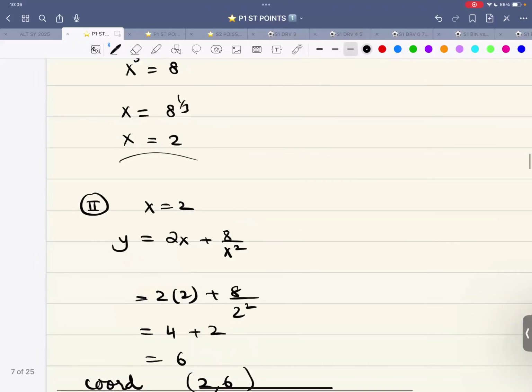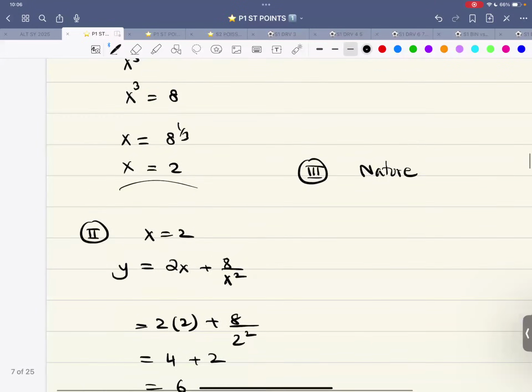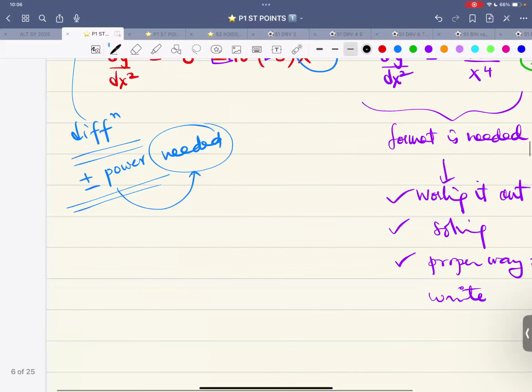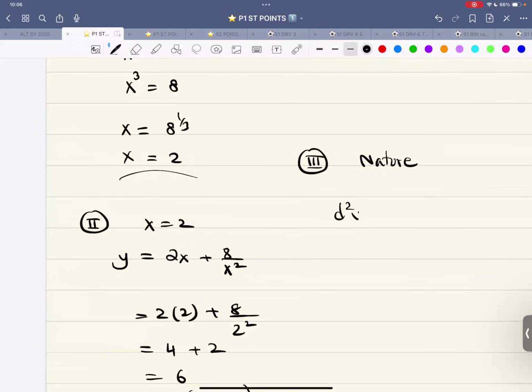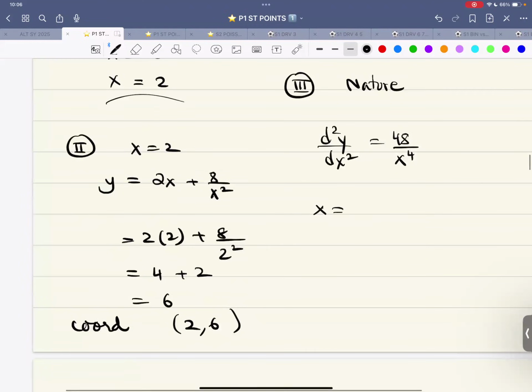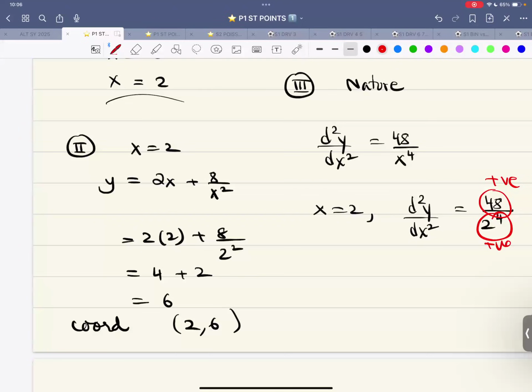Now, let's determine the nature. For nature, we need the second derivative, which is 48 over x to the power 4. So d square y over dx square is 48 over x power 4. When x is 2, d square y over dx square is 48 over 2 power 4. No need of using the calculator because this is positive.